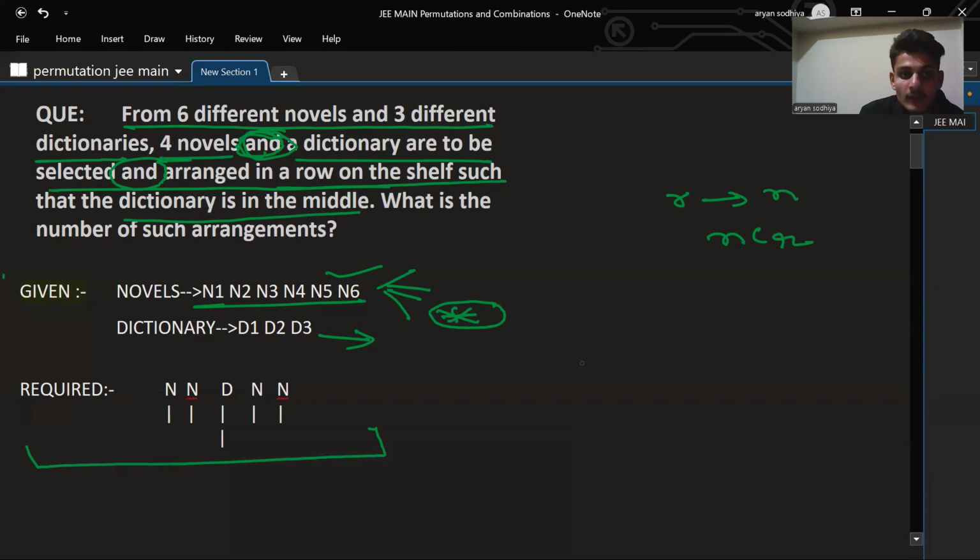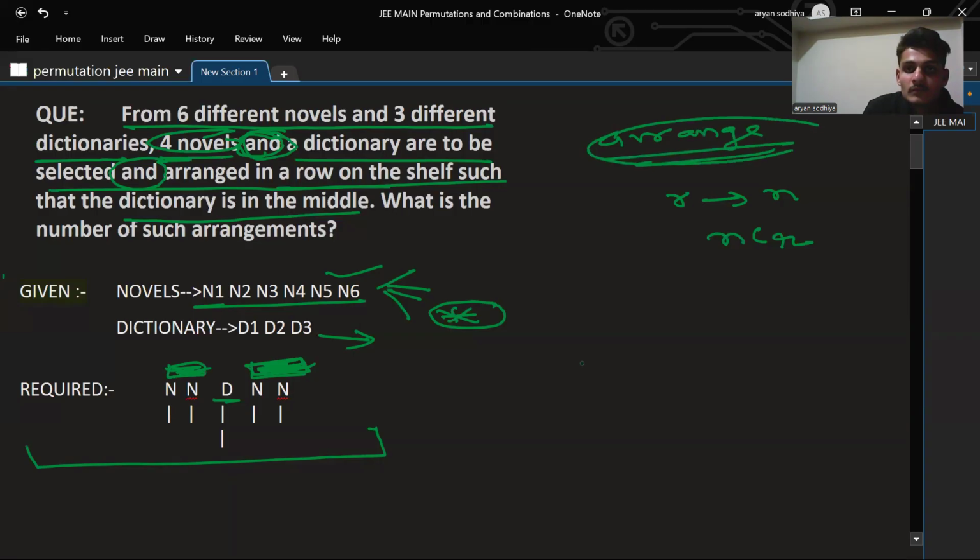If you can see, 4 novels and one dictionary in the middle, so you need to arrange these four. The first step is to select 4 novels and arrange them. Since arrange is coming, you would use the formula nPr.